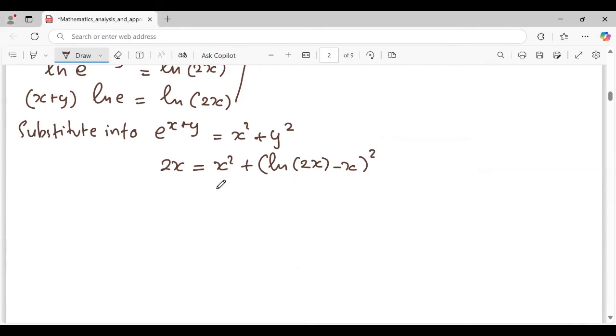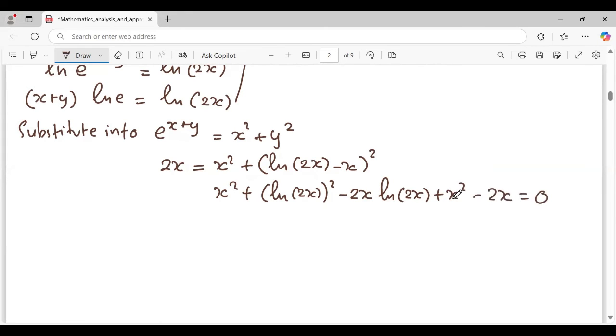It becomes x squared plus (ln 2x) squared minus 2x ln 2x plus x squared, and moving 2x over, we get 2x squared plus (ln 2x) squared minus 2x ln 2x minus 2x equals 0. So we prove these equations.